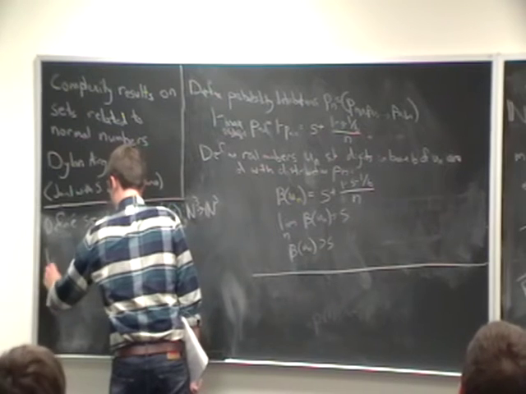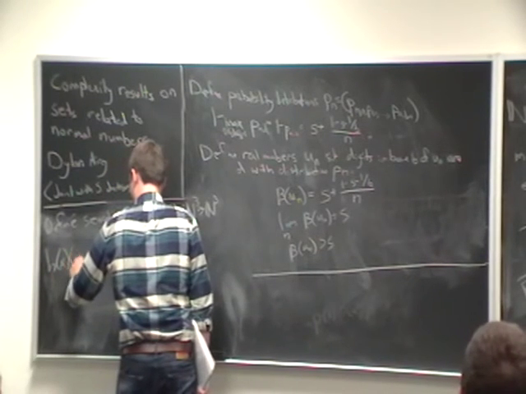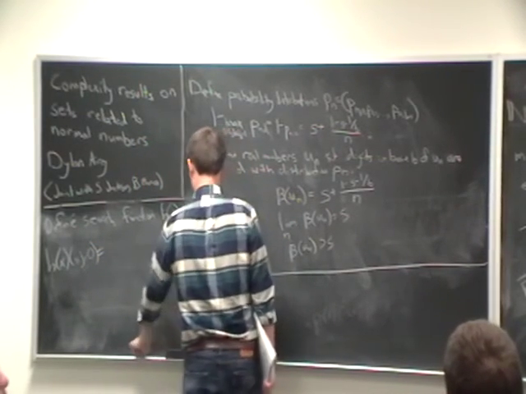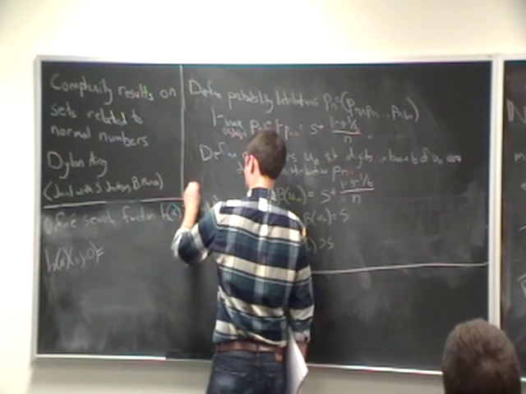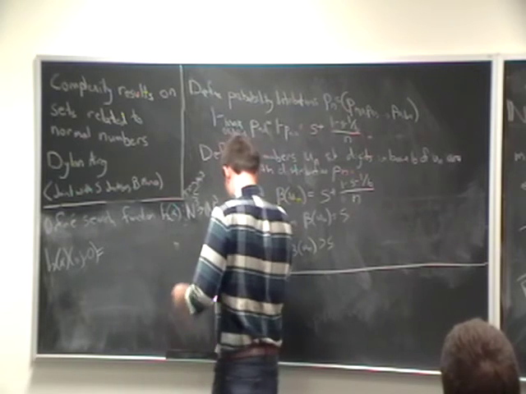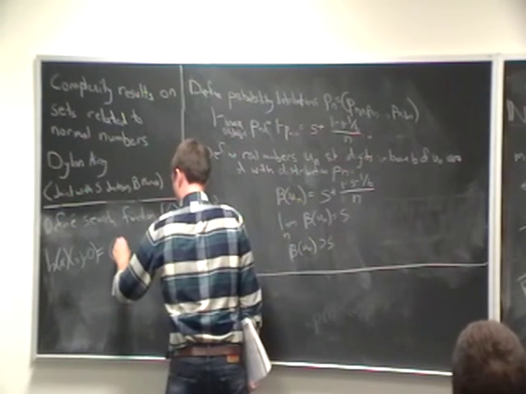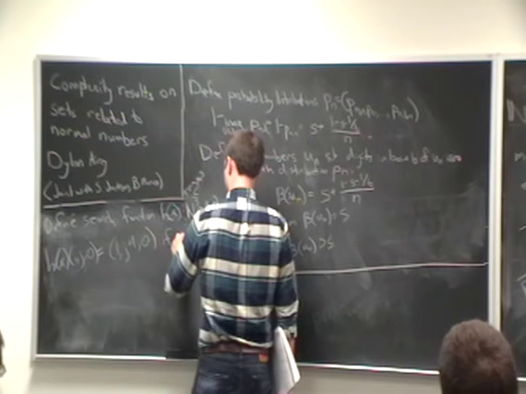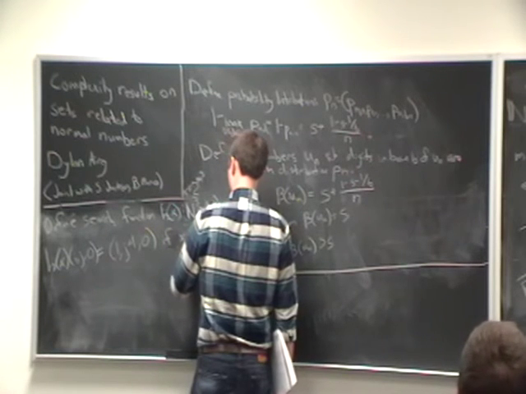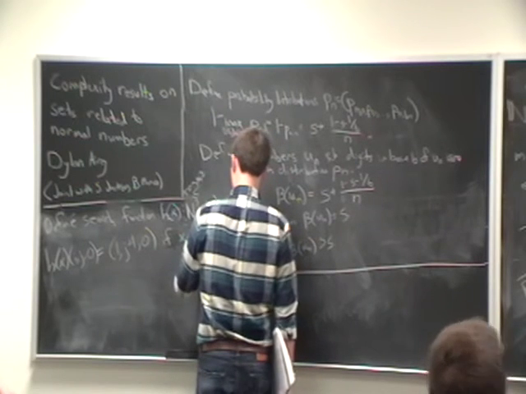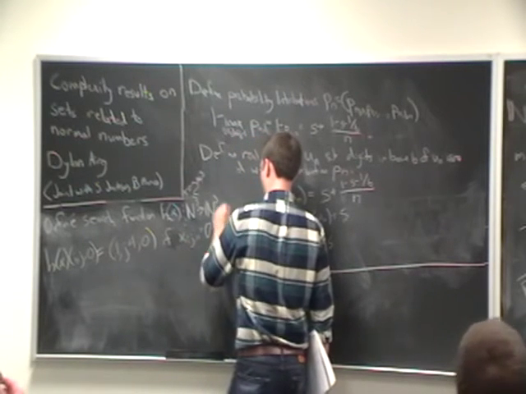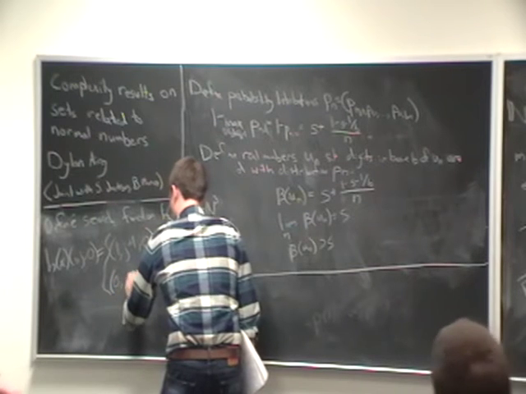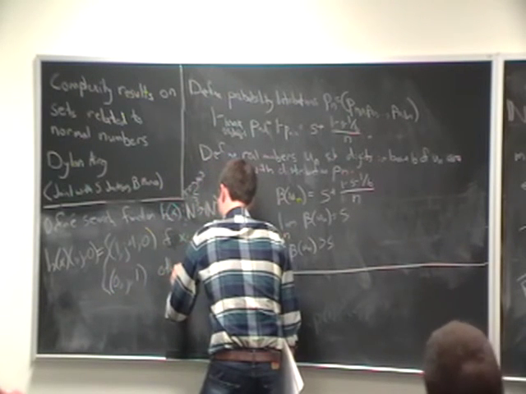So we say that h of x i j naught is equal to 1, j plus 1, 0 if x i prime j 0 is equal to 0 for all i prime less than or equal to i, and it's going to be equal to 0, j, 1 otherwise.